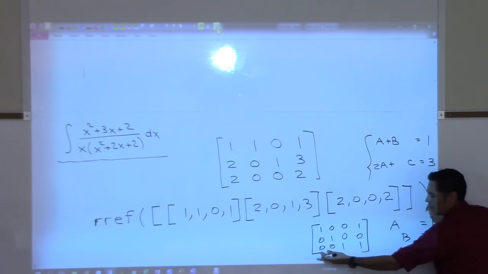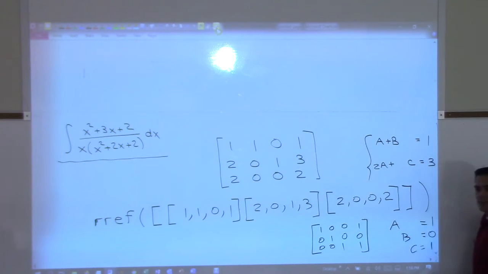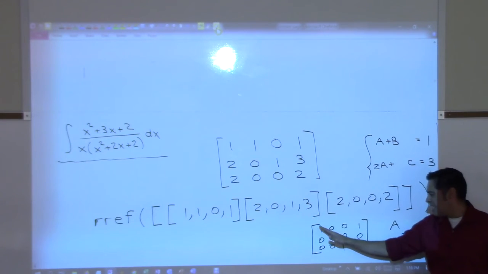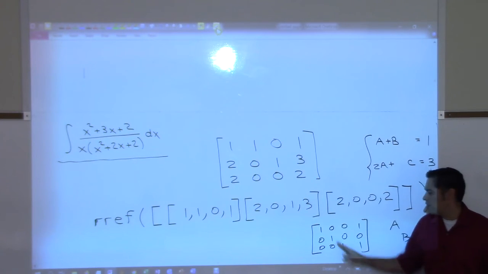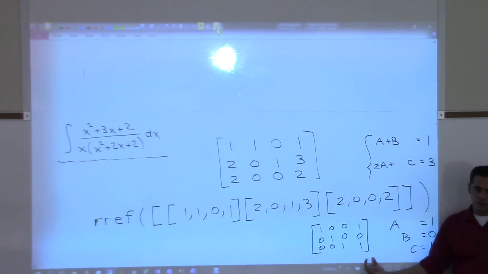And then this last one would be no A's, no B's, but C is equal to 1. Do y'all see? So this is called reduced row echelon form, when you get ones down the diagonal and zeros everywhere else. When you do that, then what you create is a column which represents your answers, right?